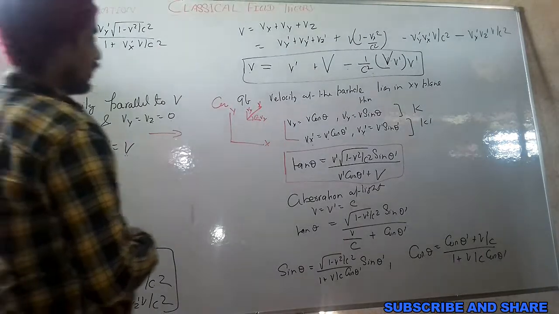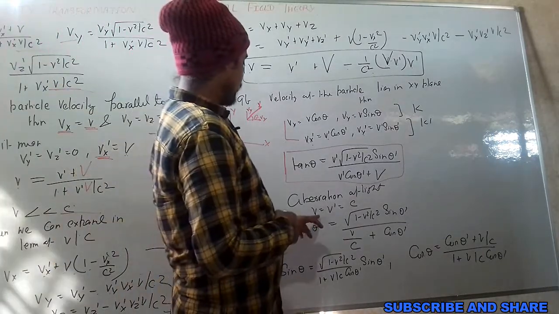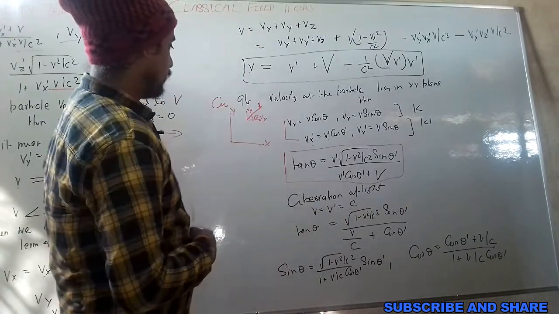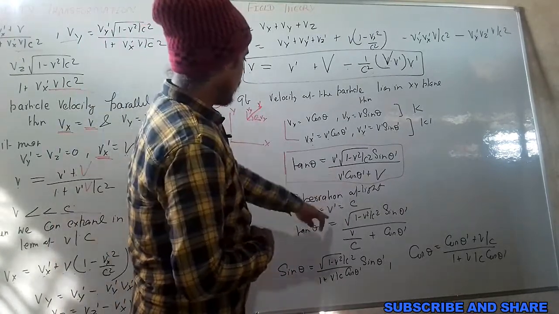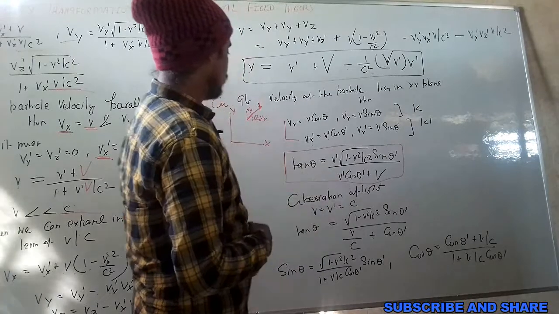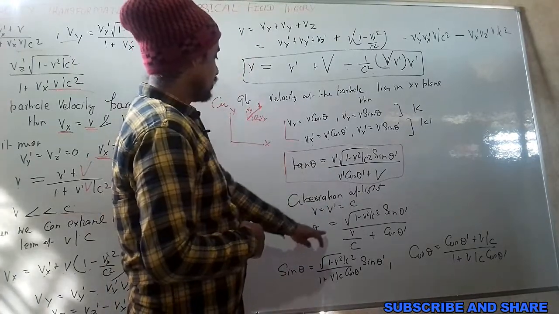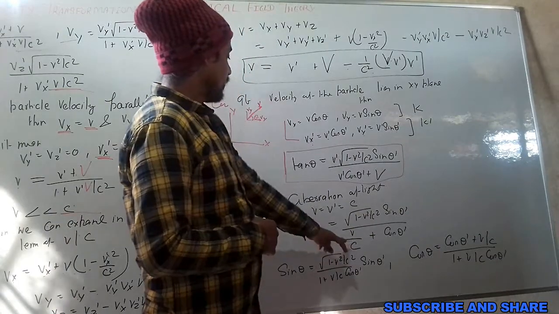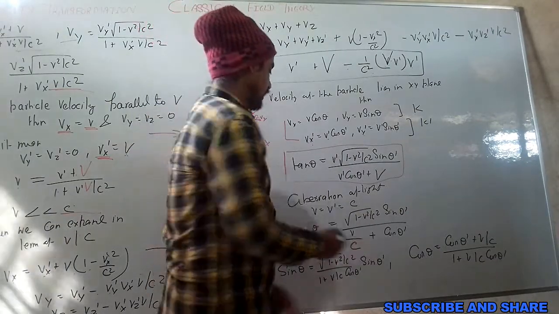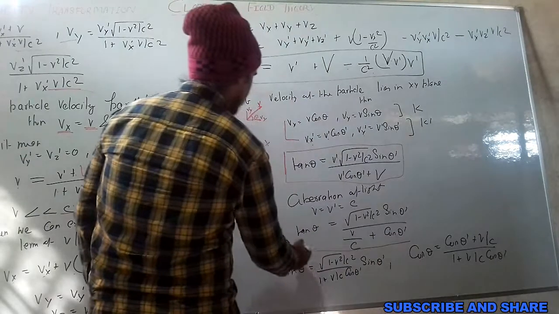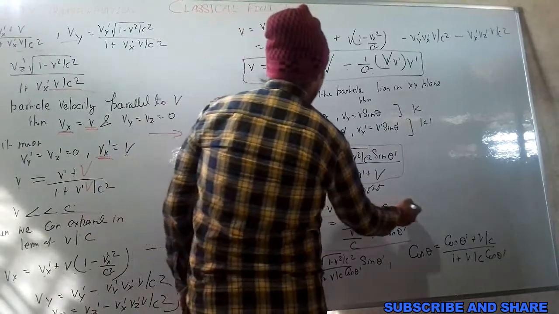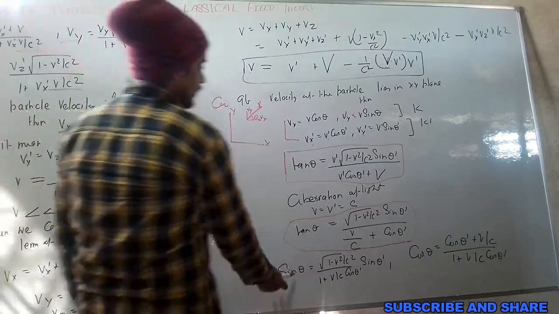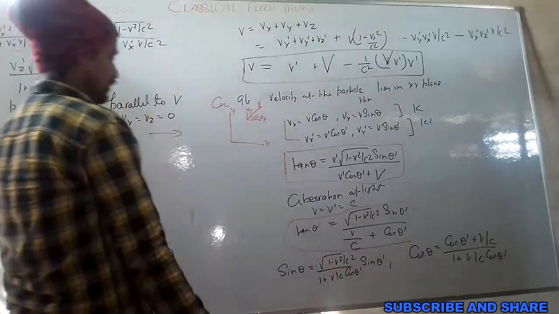In the aberration of light, we can substitute V and V dash equal to c, and when we substitute V and V dash equal to c, we will get tan theta is equal to root of 1 minus V square by c square, sin theta dash, divided by V by c plus cos theta dash. This is for the aberration of light, and from this we can find sin theta and cos theta.